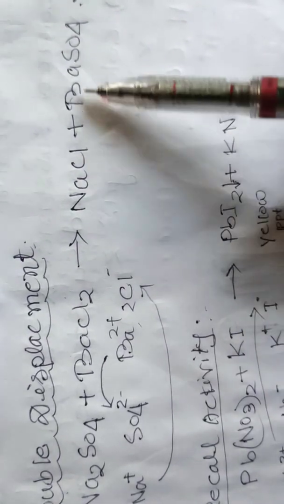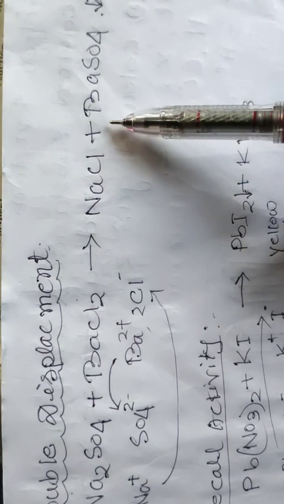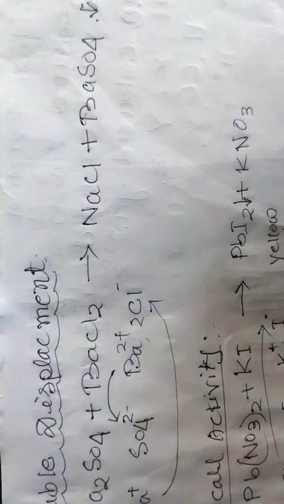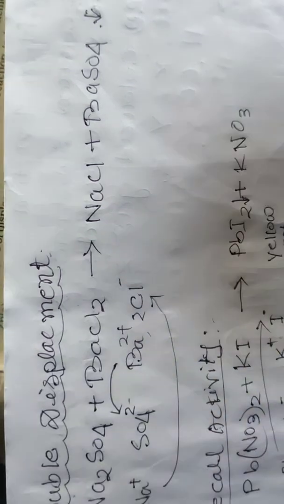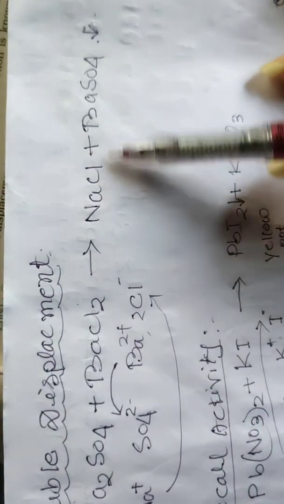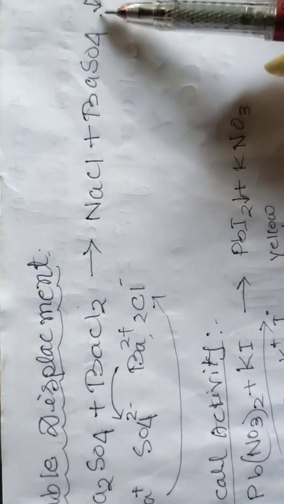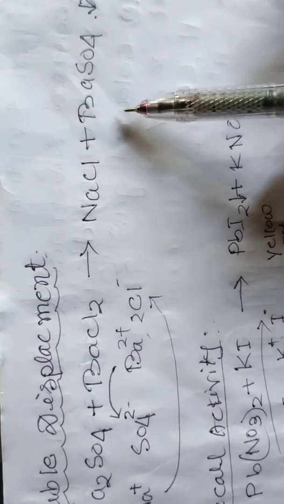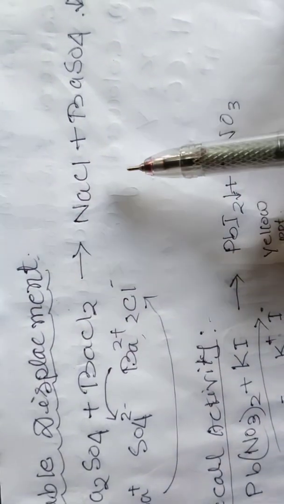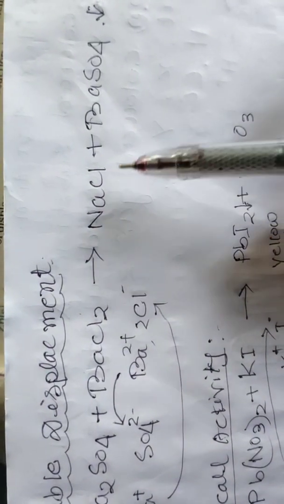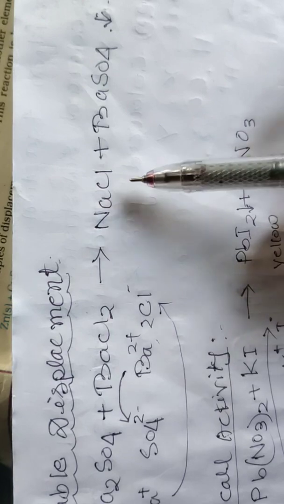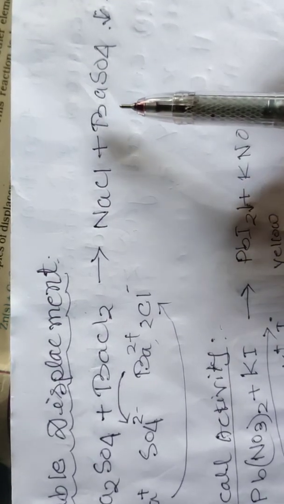So of the products, what will happen? One product will precipitate. So why is barium sulfate a precipitate? There is also a rule of solubility. The soluble substance will not precipitate from the solution, but the insoluble substances will precipitate.